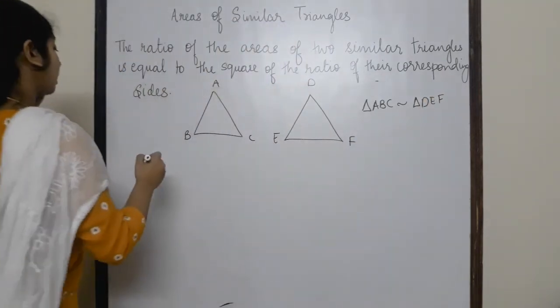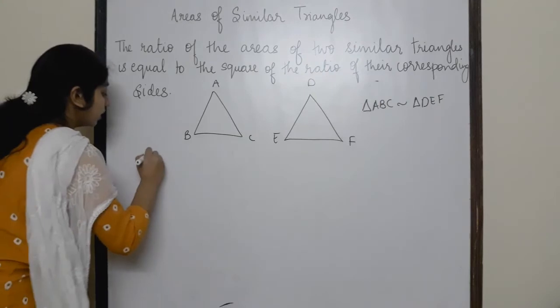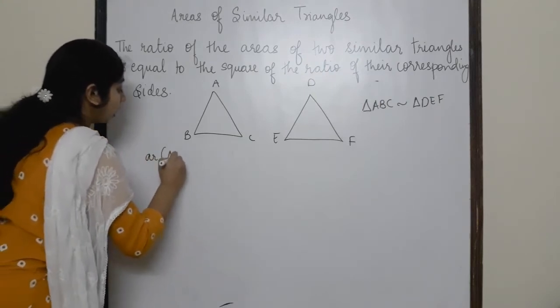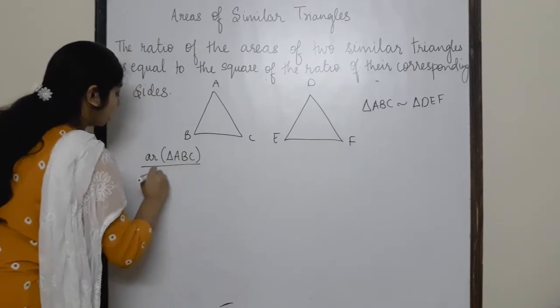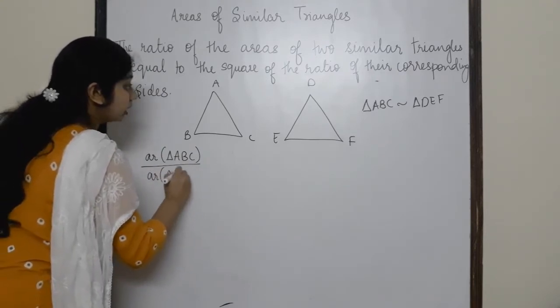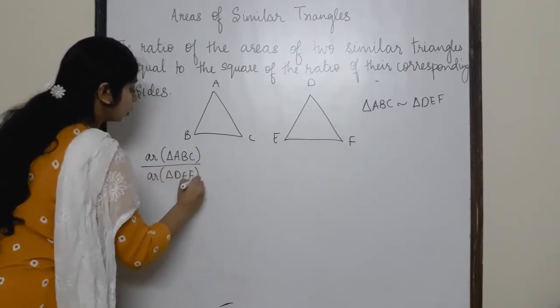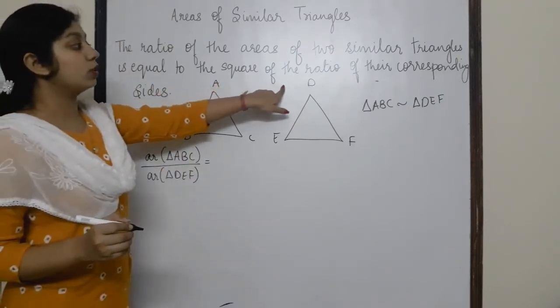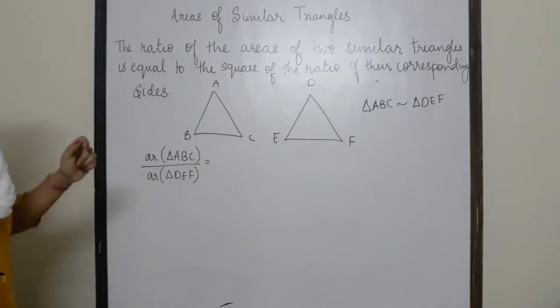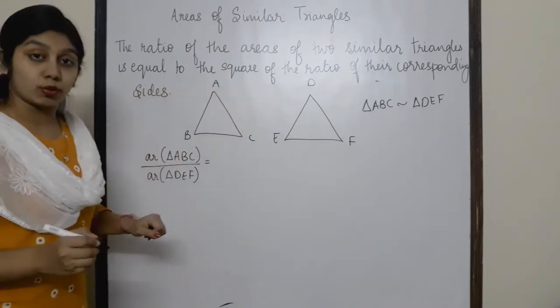Then in that case the ratio, that means area of triangle ABC upon area of triangle DEF, is equal to the square of the ratio of the corresponding sides. That means the sides are in proportion.